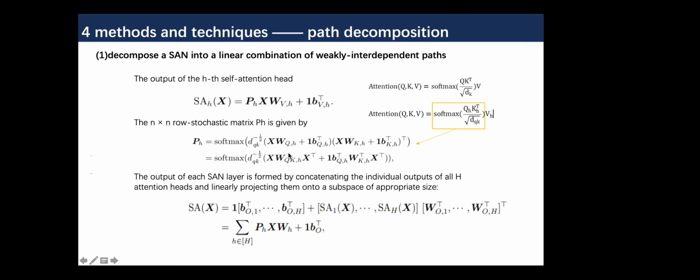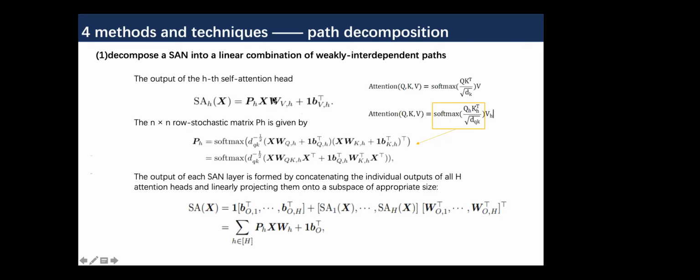So the difference between these two formulas is only the bias. This one doesn't have bias, but this one adds some bias, but nothing really different. So we can see that it's just the same. This P_h is just the same as the softmax here. And also we can see SA_h, this formula.